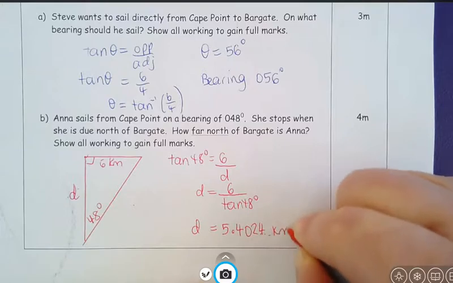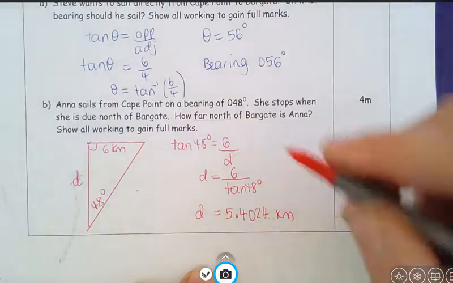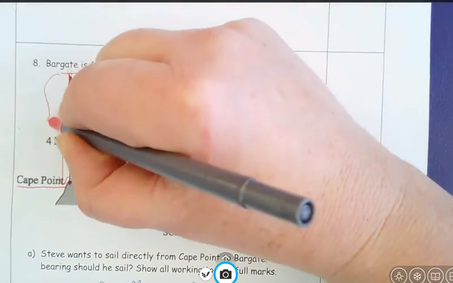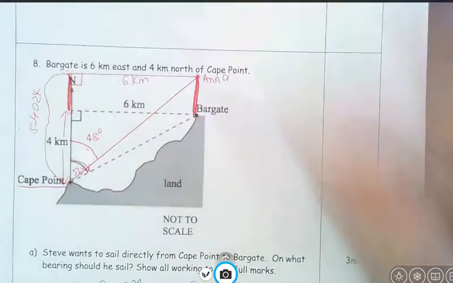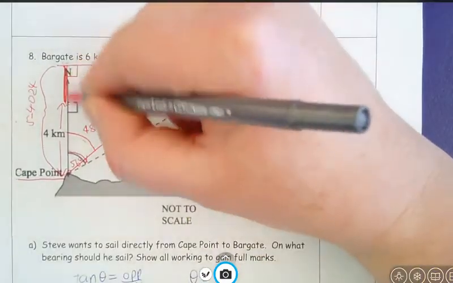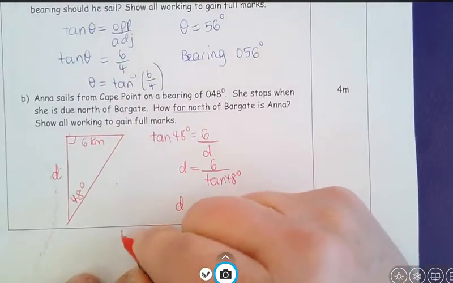etc. kilometers. So therefore, the answer, how far north? Remember, we've got to subtract. Well, I'm just going to go back up to the diagram for a minute. So I've just worked out that this whole bit is 5.4024, etc. That's what that bit is on my diagram. So I just subtract, okay? So how far north?